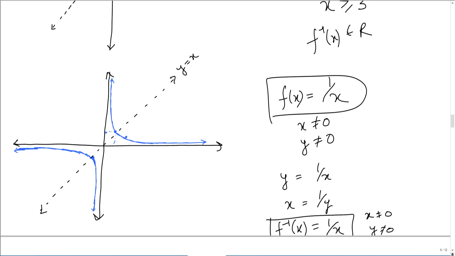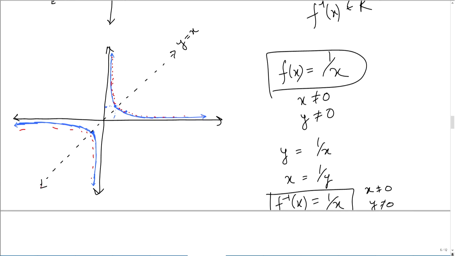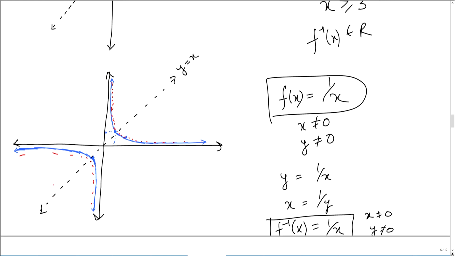So, if you try to draw a graph which is a mirror image of this existing blue graph, the red graph would be exactly the same as the blue graph, right? So, the red graph would look exactly the same, because this red line is a mirror image of this one, and this here is a mirror image of the upper line. Similarly, here this is a mirror image of this and this is a mirror image of this. So, that is why the inverse function graph would look exactly the same, because the function and inverse function are also the same. That is the reason.